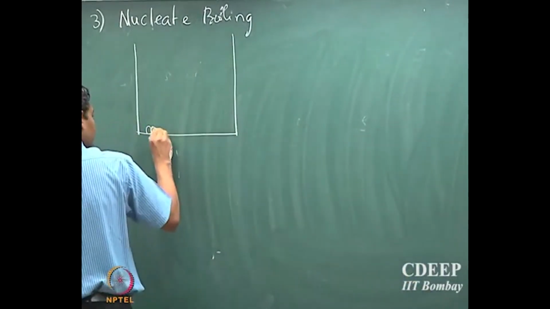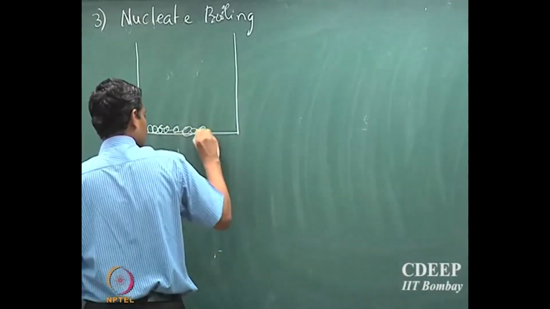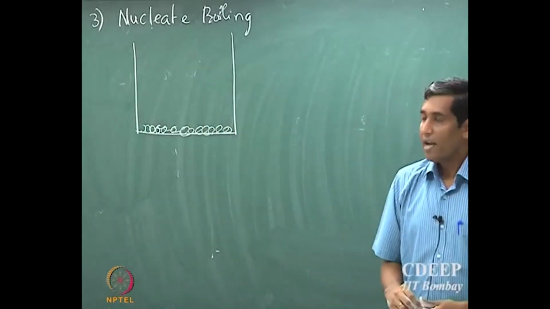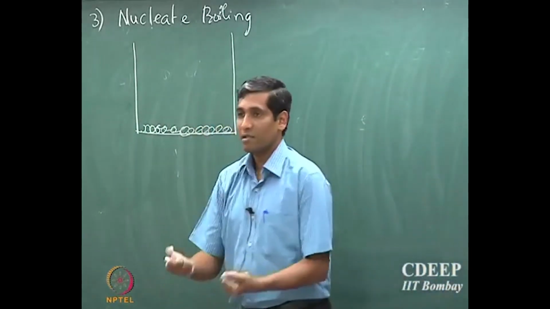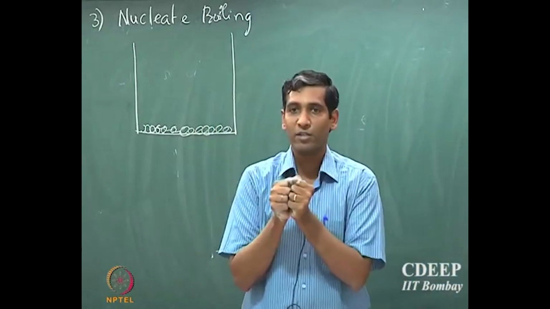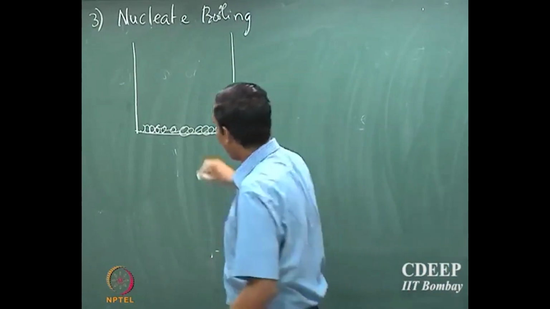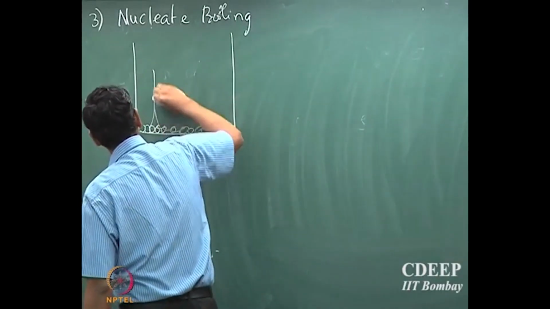There will be significant vapor and bubble formation at the bottom surface, and some of these bubbles, because they are formed so close to each other, are going to coalesce with each other and form what is called the vapor stream.